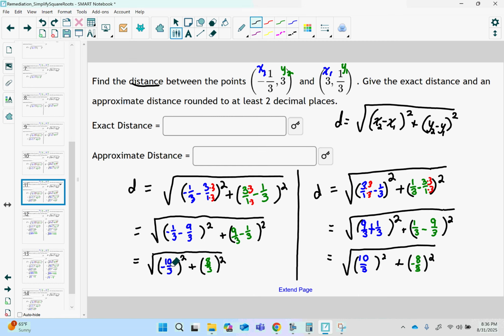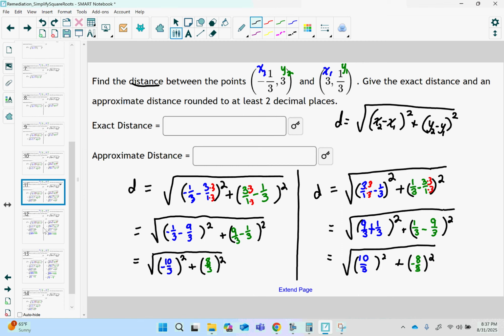So the only difference between the left and the right is that the one on the left is negative inside the quantity, and the one on the right is positive inside the quantity. And likewise for the y values. On the left-hand version, I have a positive 8/3 in the quantity, and on the right, I have negative 8/3 inside the quantity.